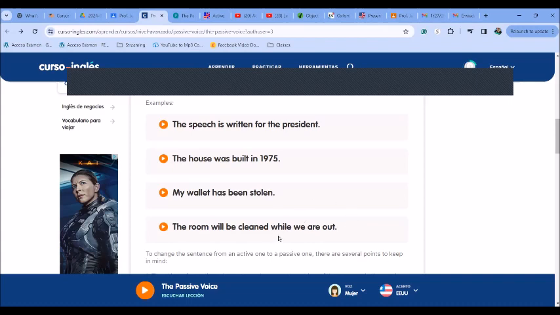So now you are there. When you go, the room will be cleaned, right? All of these show different times: present, past, present perfect, future, all of them showing that we can focus on the action and use our passive voice to make the emphasis.